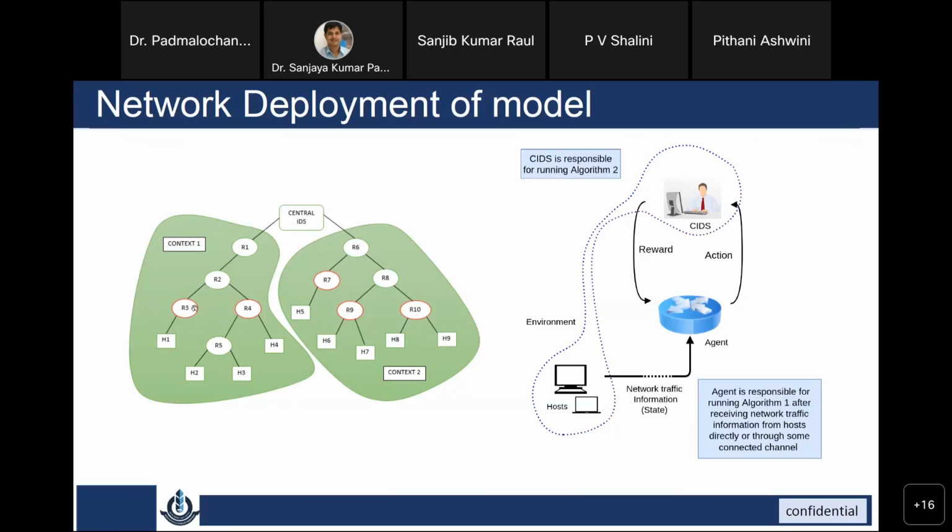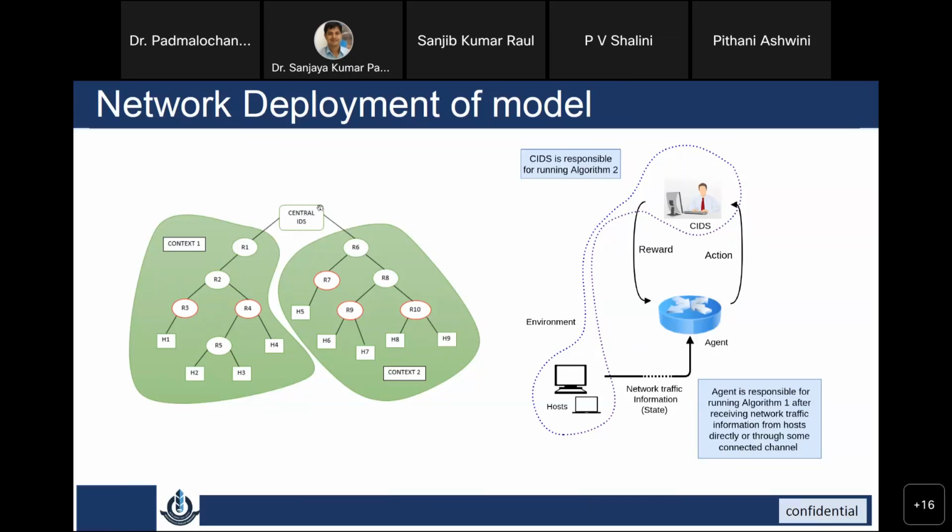Based on that it generates the state vector or action vector, and these action vectors are sent to the central IDS. All these agents run agent algorithms, calculate the action vector, and send it to the central IDS based on the incoming packets.